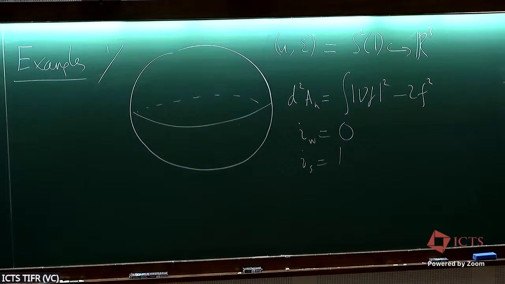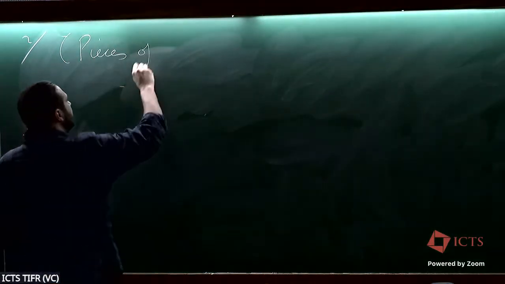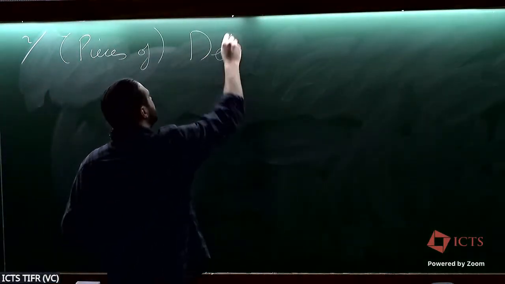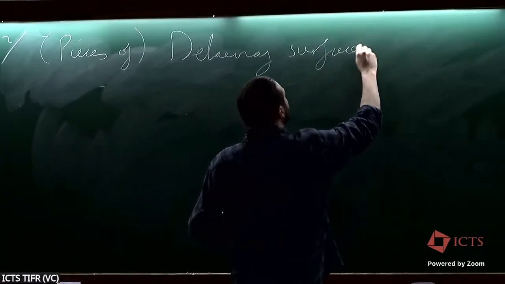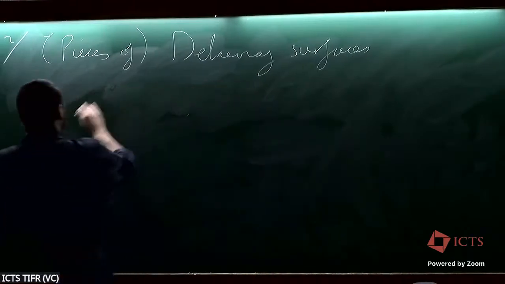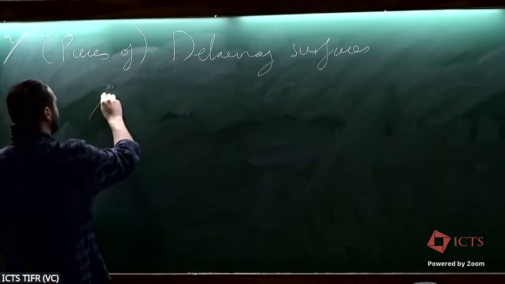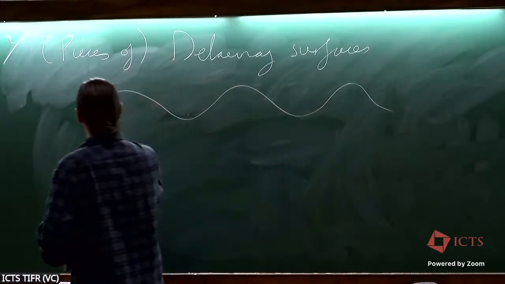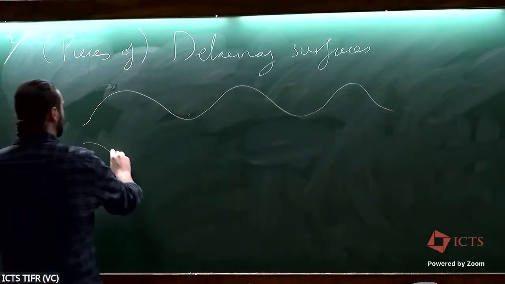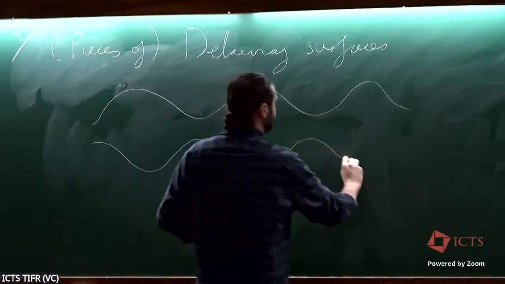Okay. Next example. The, I guess, pieces of LNA surfaces. Okay, so as we all know, these are periodic CMC cylinders sitting inside R3.